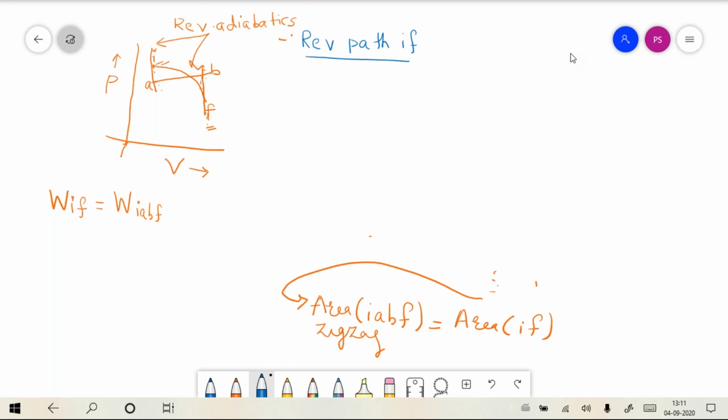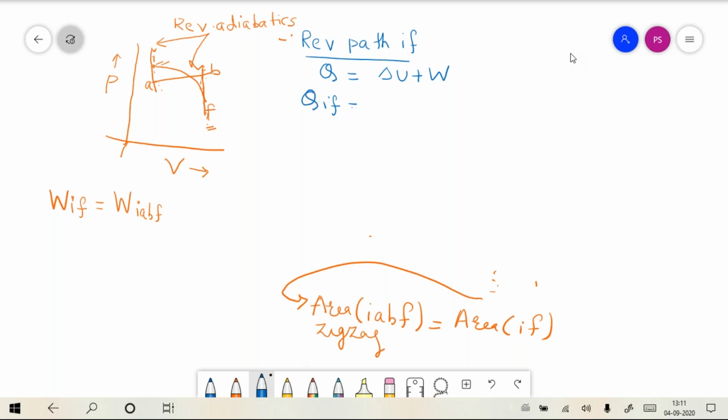The mathematical statement of the first law of thermodynamics is Q is equal to delta U plus W, as applied to a process. It means that Q of IF is equal to delta U plus WIF.